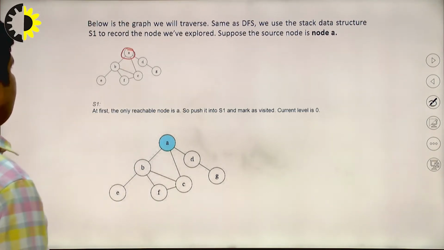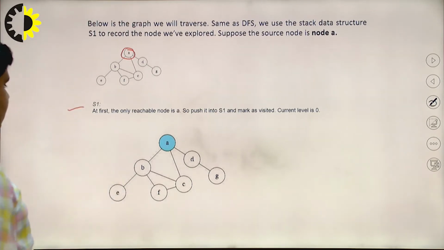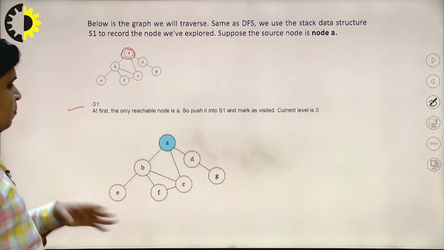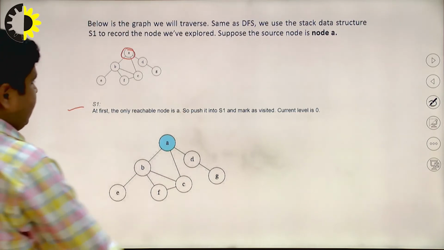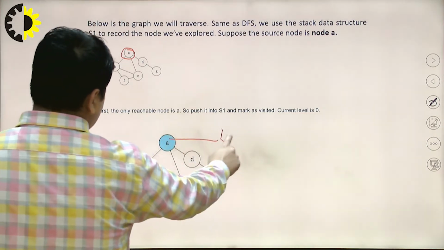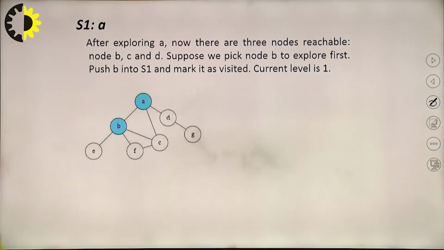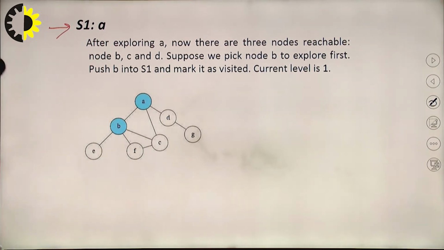Now S1 is treated as a stack. At first the only reachable node is A, so push it into S1 and mark it as visited, and we are at level 0. Now inside the stack I push the visited node A.